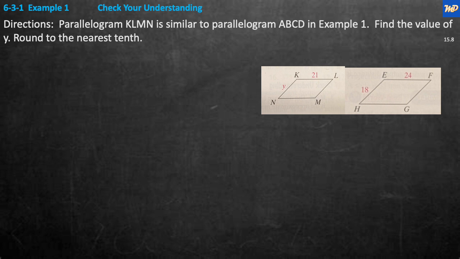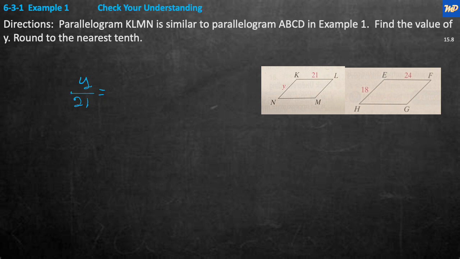Okay, now that you're back, let's give it a run. Let's do NK divided by KL. So NK divided by KL is where we have y over 21 equals 18 over 24.